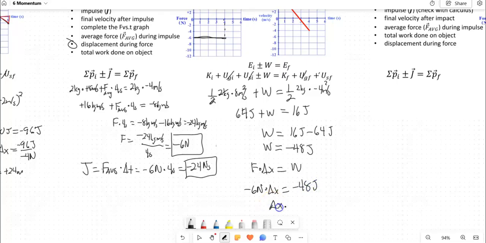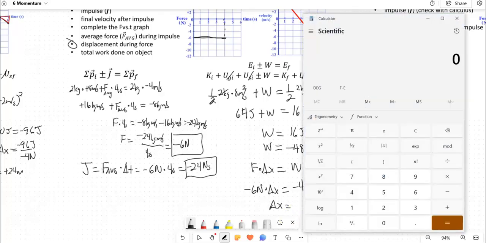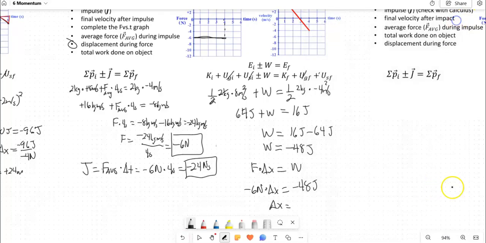So the displacement is going to be 48 divided by 6, which is going to be 8. Okay, so we could have done it that way.